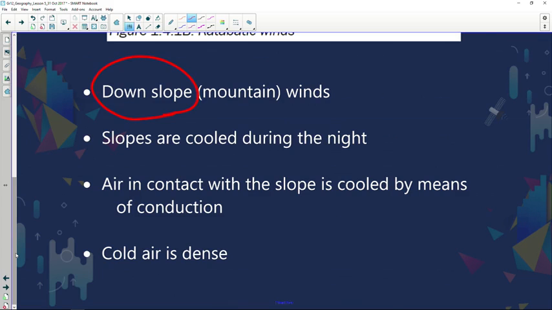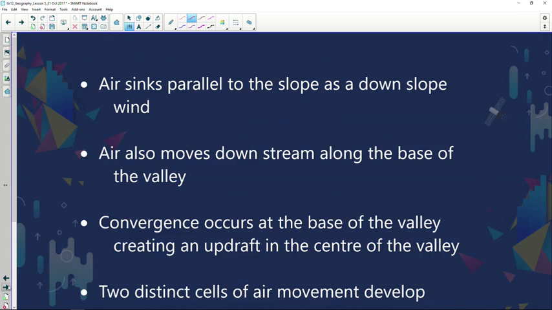So it's sinking down to the bottom of the valley. Now, the air sinks parallel with the slope. I don't want to jump back to my previous slide, so I'm just going to draw it over here. Now, it comes into contact with the slope. What happens? It cools via the means of conduction by touch. We call it downslope winds, as you can see over there.